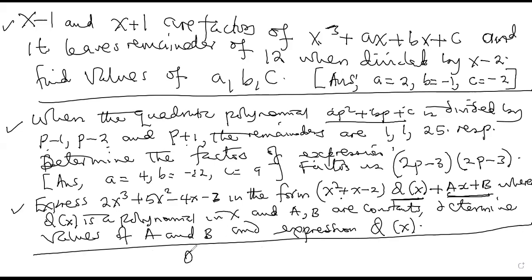For this case, you must get your q of x as 2x plus 3, and you must get your value of a as -3 and value of b as +3. So everyone must try doing this work.